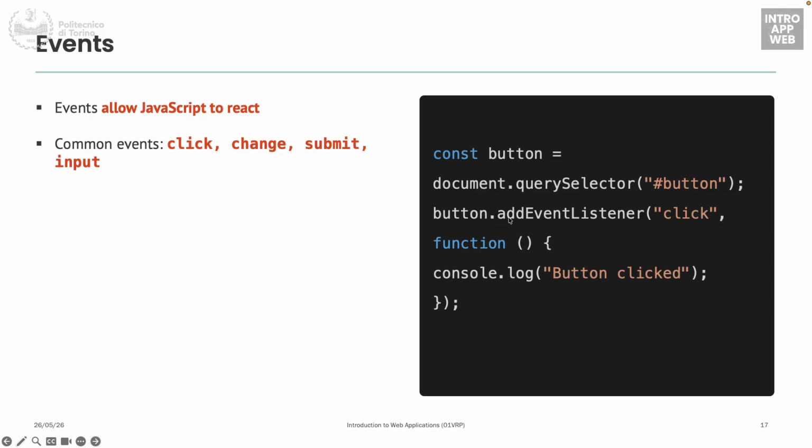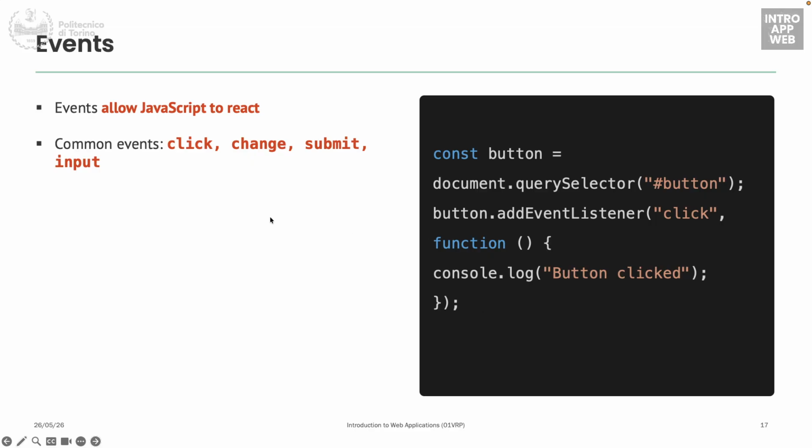This function is particularly important because it's the one that enables us to hear interactions with the specific elements in the page. Since this was a button, the event listener that I added was click, because I want to understand when the button was clicked.